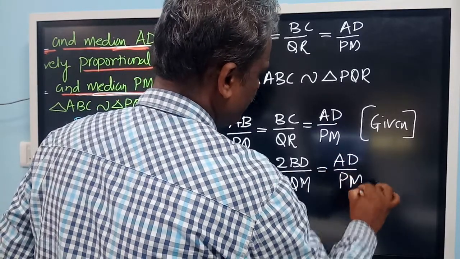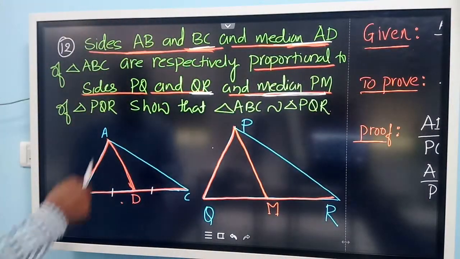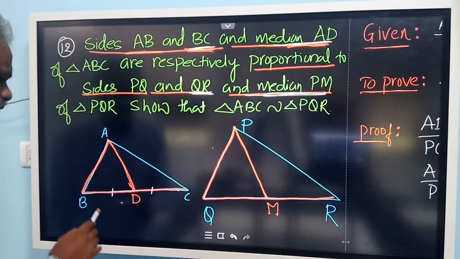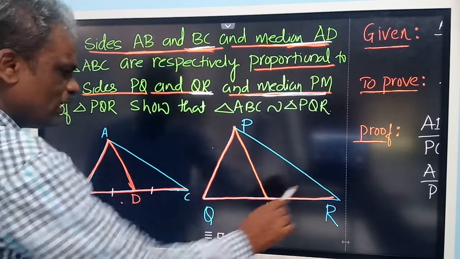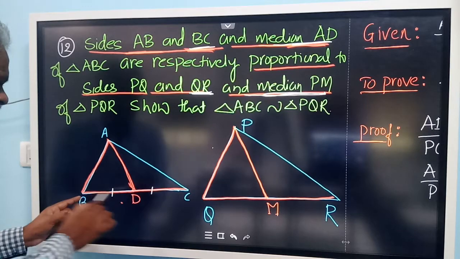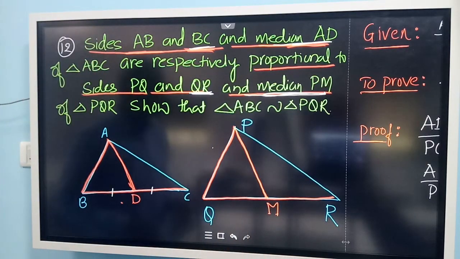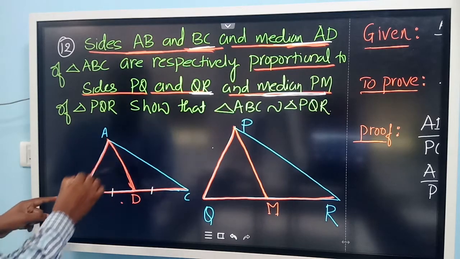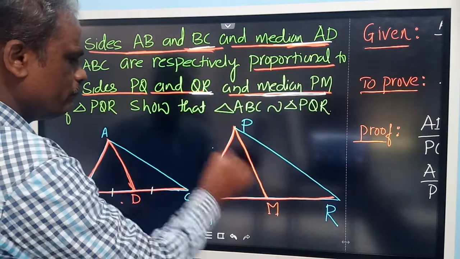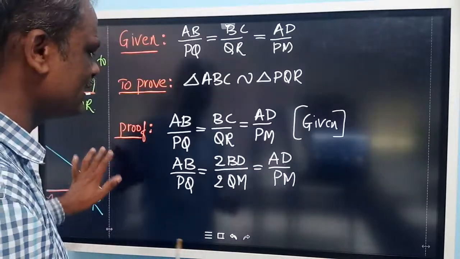You should understand why I am doing like this. Given AB by PQ is equal to BC by QR and AD by PM. Why did I convert BC as 2 BD, and QR as 2 QM? The only purpose is to show that ABD is similar to PQM. Using this, I can show that these small triangles are similar.